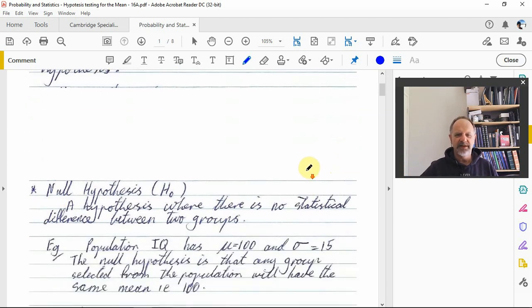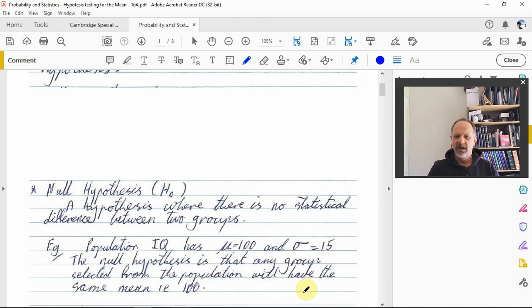Here's an example. The population IQ, the way IQ is worked out, is that 100 is the mean score, and the standard deviation is 15. The null hypothesis says that any group from that population will have the same mean.